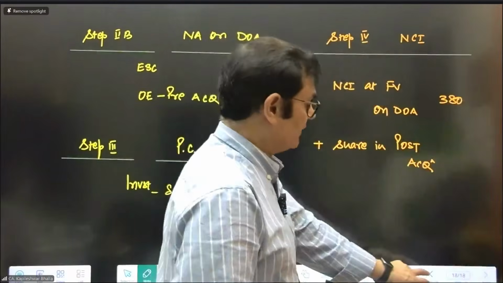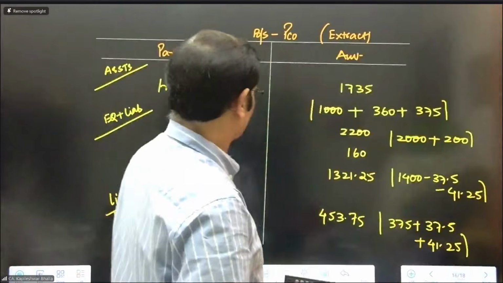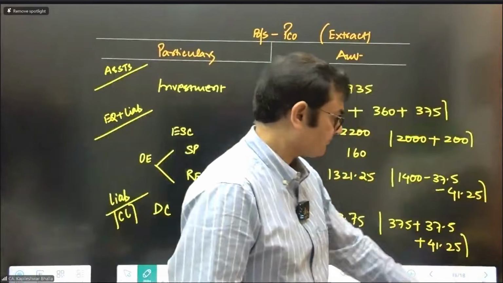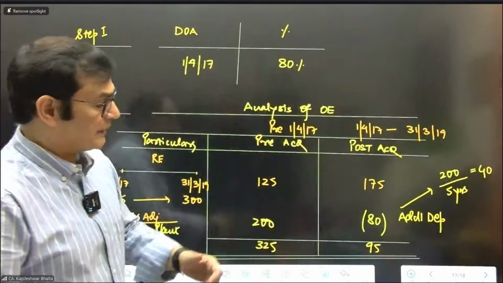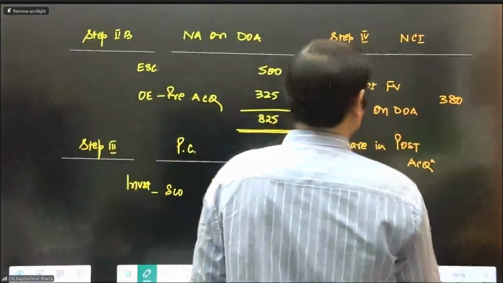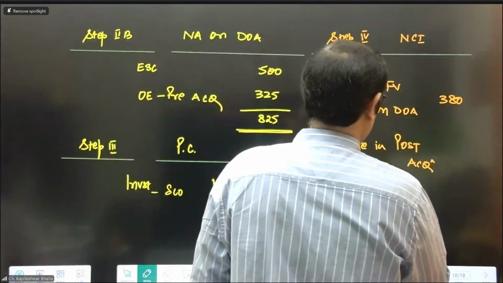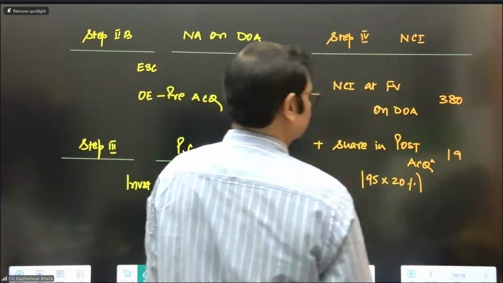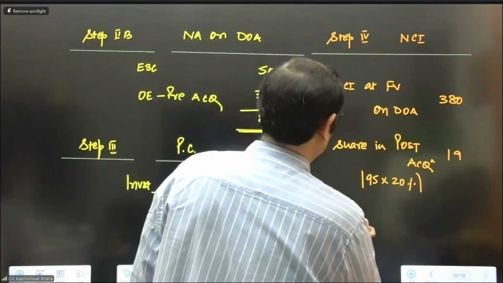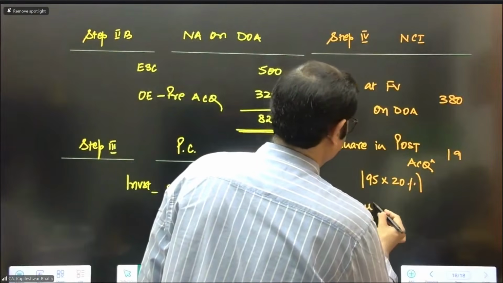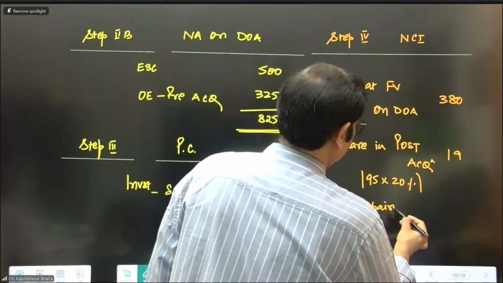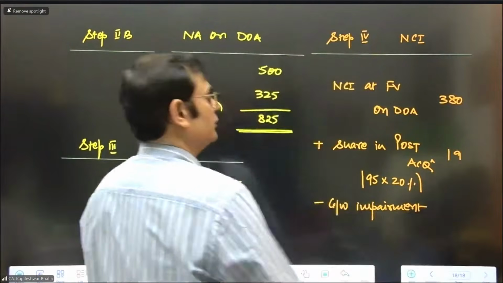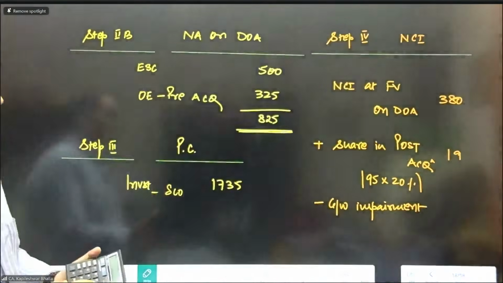And if I take the post-acquisition, let's go back to the analysis. Post-acquisition profit is 95. Out of this 95, 20% belongs to the NCI, that's 19. And we take care of the goodwill impairment, the share of the NCI in the goodwill impairment.